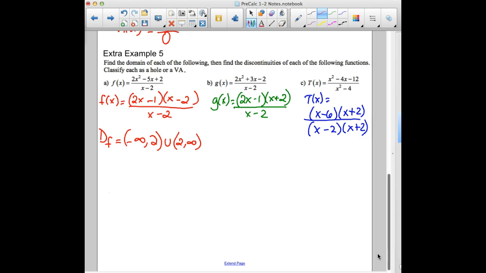Because there's an x minus 2 factor in the top and in the bottom, we could cancel these out. All right, which means it's what kind of discontinuity? So we have a removable discontinuity at x being 2.